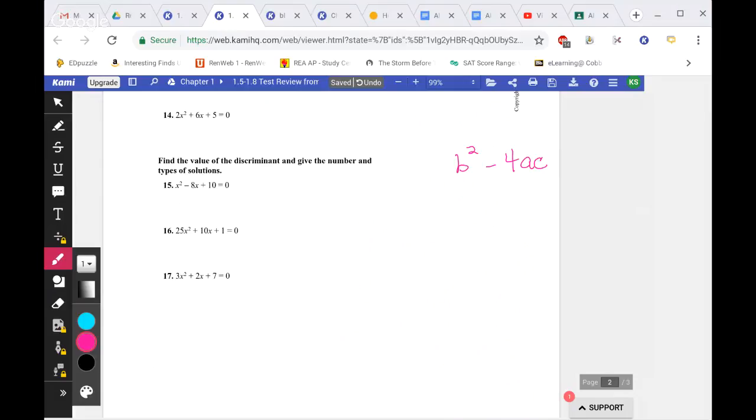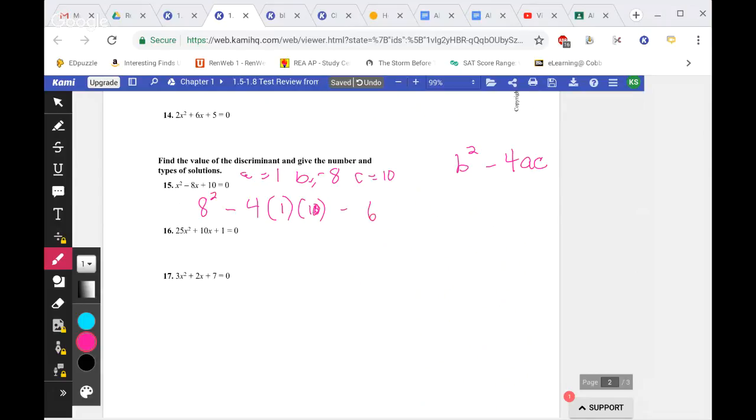The first thing I always have to do is identify a, which is 1, b, which is -8, and c, which is 10. So I've got b squared, which is 8 squared, minus 4 times 1 times 10.